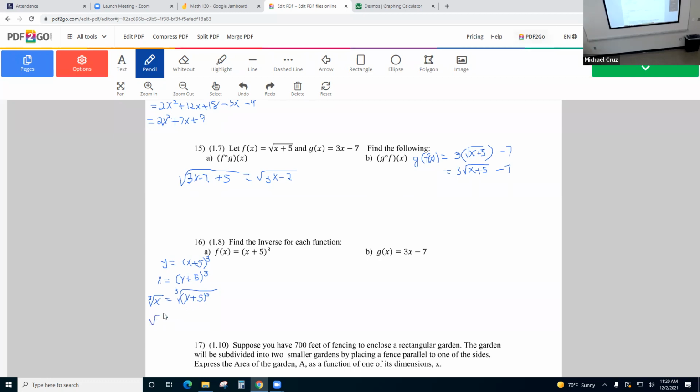So the cube root of x is equal to y plus 5. So then subtract 5. And there we go. y, or f inverse of x.